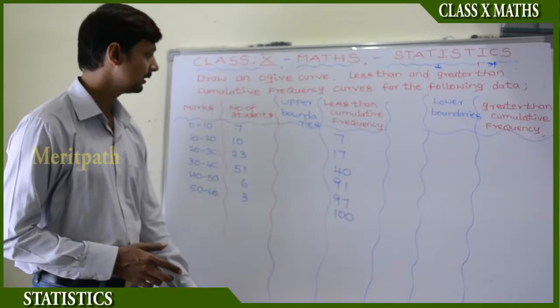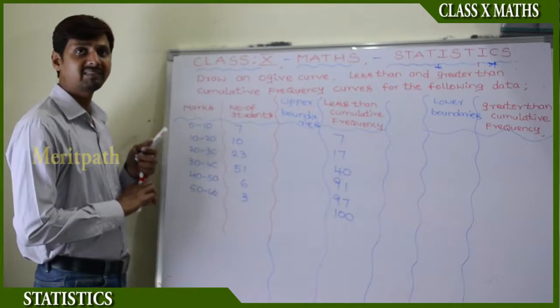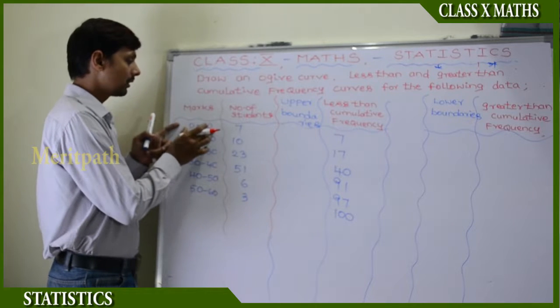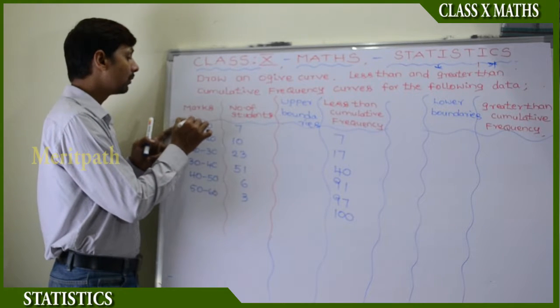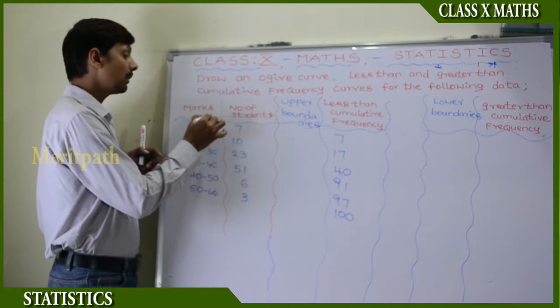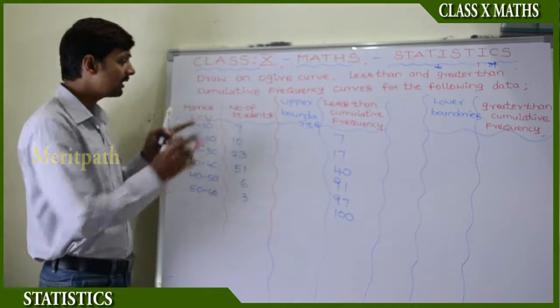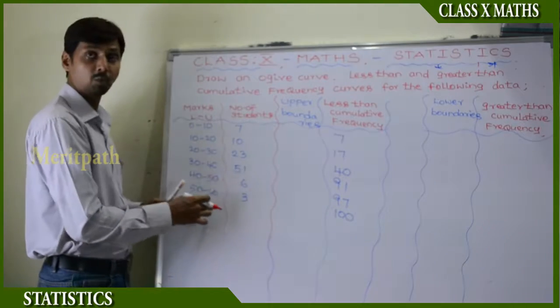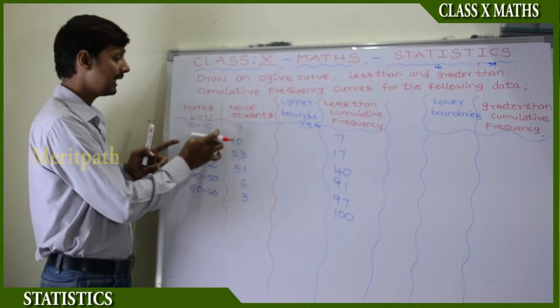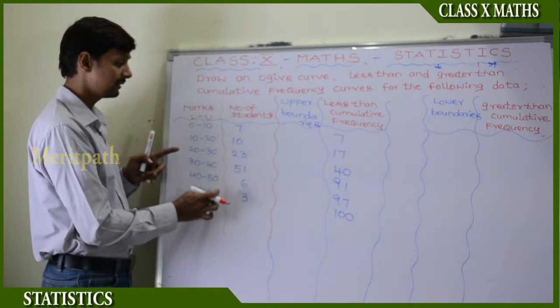As we discussed previously, in a class interval the first starting value is called the lower boundary, and the ending of the group is called the upper boundary. So for each class interval, the upper boundaries are 10, 20, 30, 40, 50, 60.